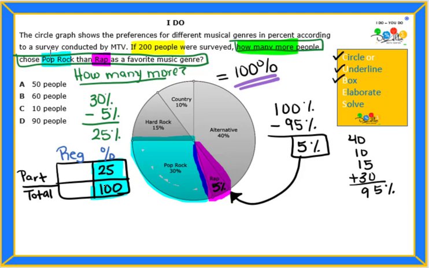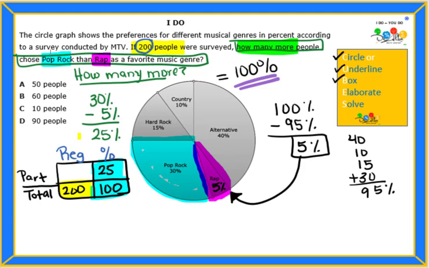So in our problem, there was one number that they gave us, 200. If 200 people were surveyed, notice that 200 is just a regular number. It does not have a percent after it, so it's not a percentage number. But it is a regular number, and it represents the total number of people that were surveyed. So over here, we're going to put that total under regular numbers.